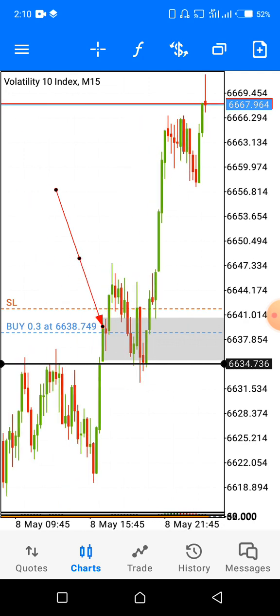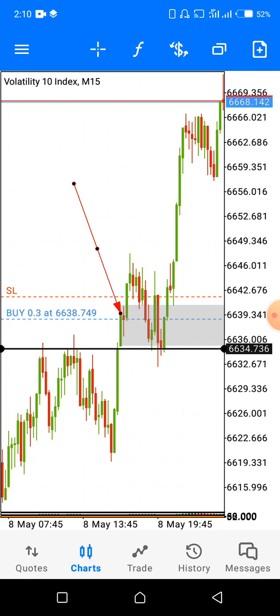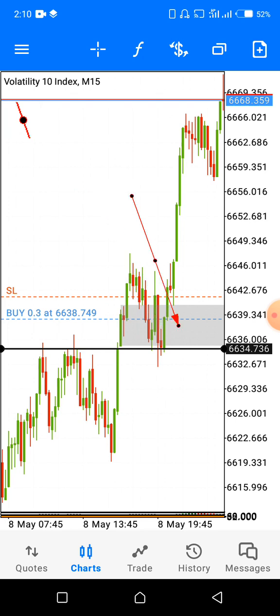Once you spot the base candles, mark it as your support zone or your demand zone. Like in this case, immediately I spotted it, I took out my tool and drew the box, waiting for the market to tap inside.